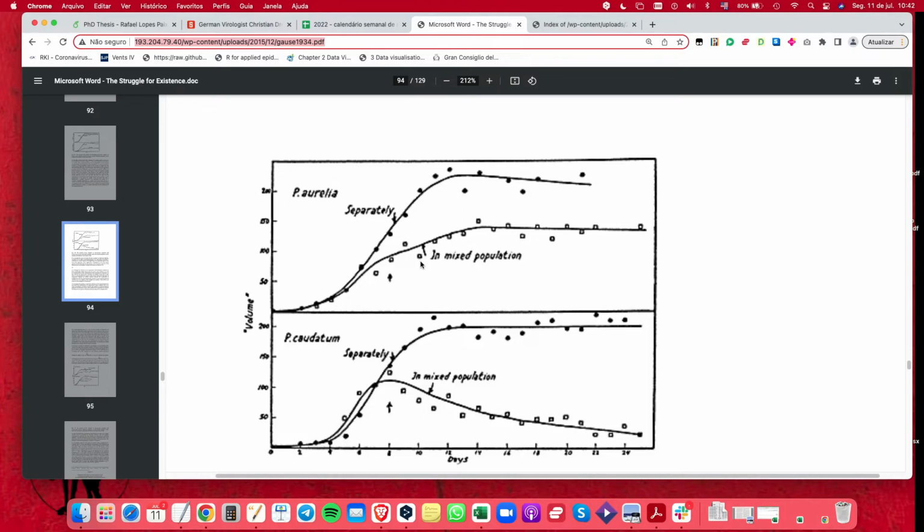So somehow it is also an instance of r-K selection. It's not exactly pretty much selection, but you can think that caudatum might even be a better r competitor, r-selected, because it can grow fast. Although also aurelia grows fast, more or less. But actually, if you look, it starts even growing a little bit faster than aurelia.